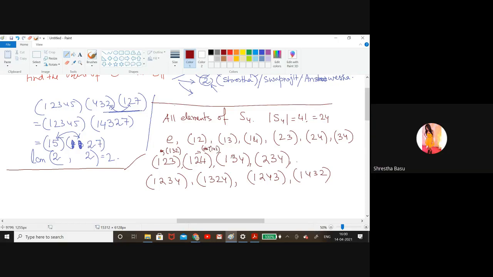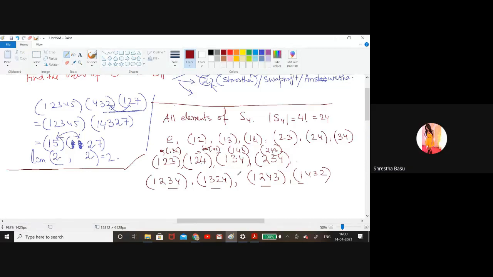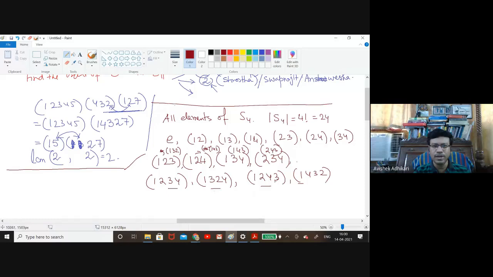Yes, it should be. And it should be 1 4 3, and then 2 4 3 should also be there. And you mentioned 4 cycles, but there will be more 4 cycles. So anything else?